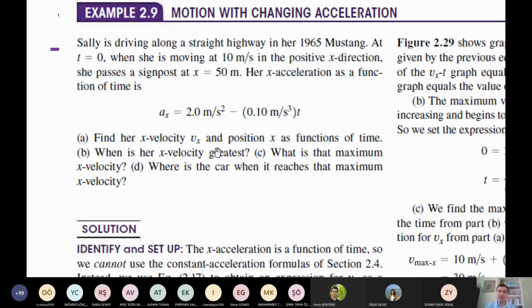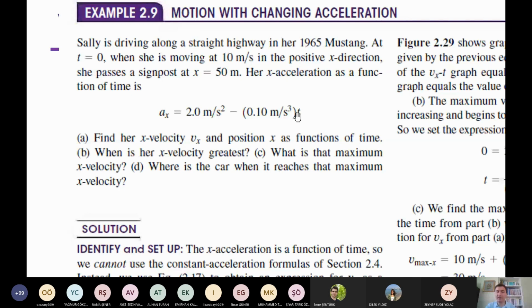So what do you see here? When the time increases, 5 seconds, 10 seconds, something like this, acceleration will decrease. Finally, acceleration will be 0, and then it will go negative because the negative part will be bigger for higher time values. So acceleration will be 0 at a certain time because this term will be equal to the first term, and after that time the acceleration will be negative.